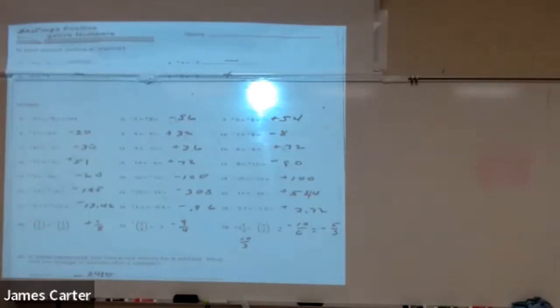By the way, for your name, everything is always last first, hopefully printed, so I can read it. Because that's also the way I do grade book entry, is everything is alphabetical by last name.